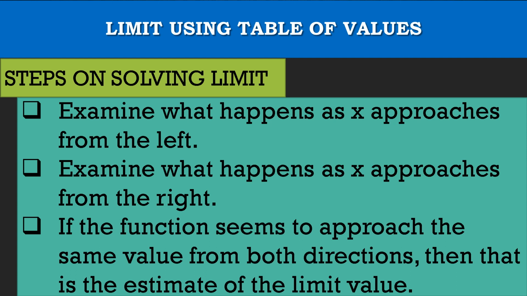Then, tingnan natin kung magkakapareho nga ba yung patutunguhan ng mga f of x natin when our x approaches from the left and x approaches from the right. Kung isa lang, then our limit is defined. Okay? So, if the function seems to approach the same value from both directions, then that is the estimate of the limit value.